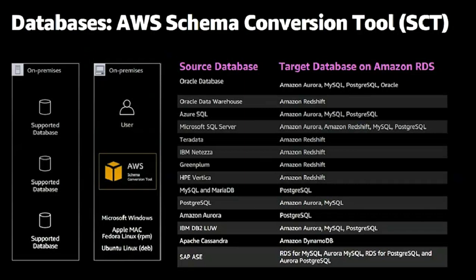You can convert IBM DB2 towards MySQL and PostgreSQL. You can also convert open source Apache Cassandra towards DynamoDB, and the SAP database towards MySQL or PostgreSQL.